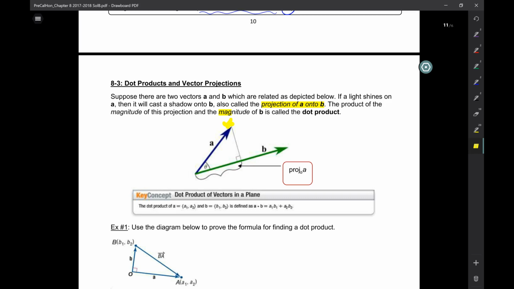So the dot product is the product of the magnitude of the projection and the magnitude of vector B. We're just multiplying two lengths by each other: the length of the shadow projection times the length of vector B. Conceptually, are we okay with what we're doing? Okay? All right.